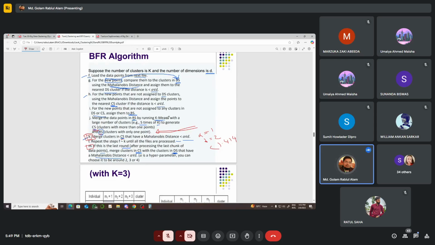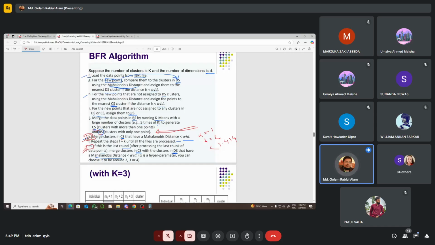Maybe we are done. We have two chunks. The first chunk we have added and the necessary operations done, and the second chunk we have added, and the necessary operations are almost done, except these two steps.